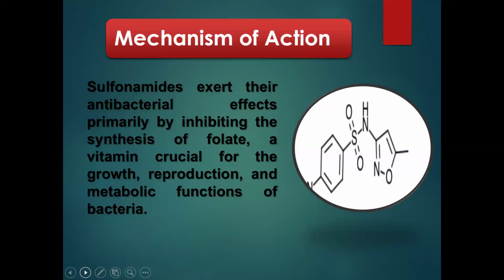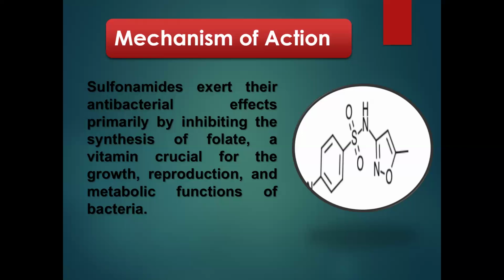So the sulfonamide group of drugs, septrin and all of that, they do this work by inhibiting the production of this enzyme. And this enzyme, dihydropteroate synthase, is very, very important for the production of folate. And folate is very important for nucleic acid synthesis in a bacteria.